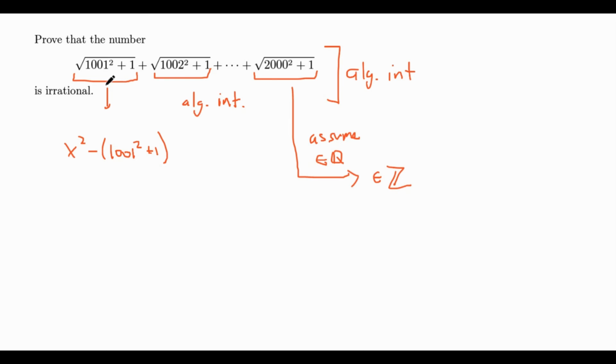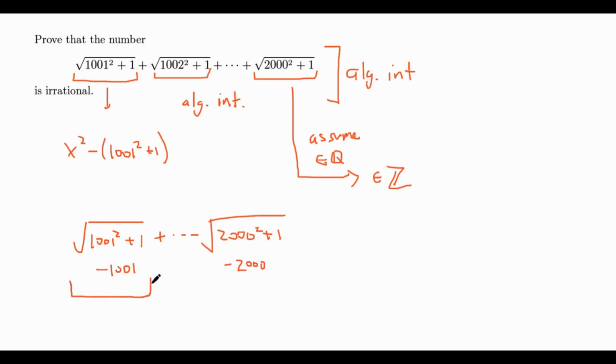And fortunately, this isn't that hard to prove, because if this entire expression, the square root of 1001 squared plus 1 all the way to the square root of 2000 squared plus 1, is a rational integer, then if we subtract 1001 from the first part, subtract 1002 from the second part, all the way to subtracting 2000 from the last part, then this number is also a rational integer.